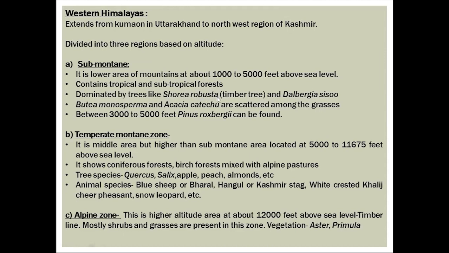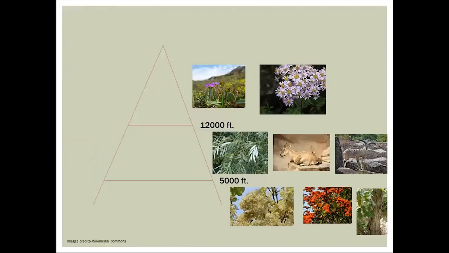Shorea robusta, the timber tree, then Dalbergia sissoo, then Butea monosperma, and Acacia catechu. These trees are scattered among the grasses, and between 3,000 to 5,000 feet, at higher altitudes, one can find the fungus tree. So the vegetation here mostly is of tropical and subtropical nature. You can see here, this is the Shorea tree, then the Butea and the Dalbergia.